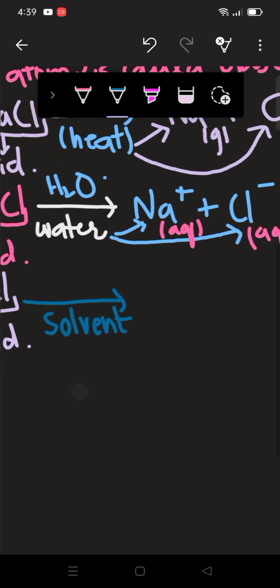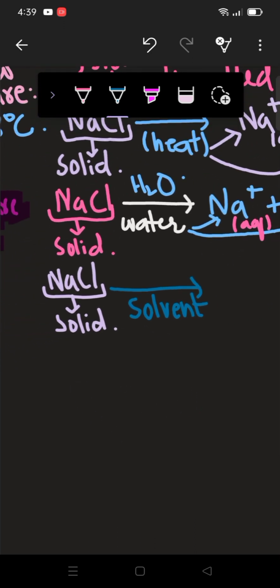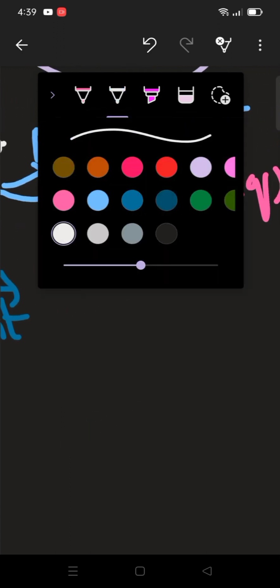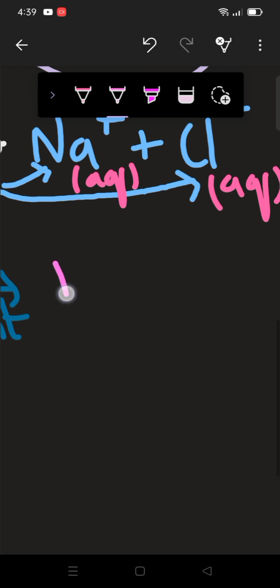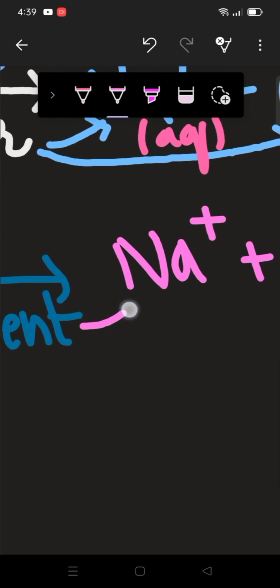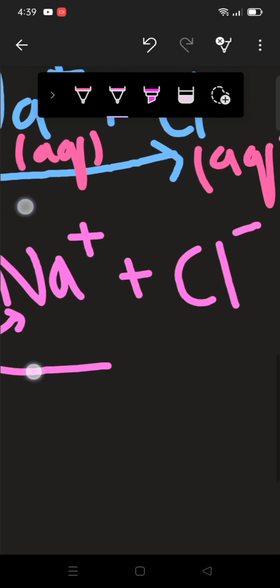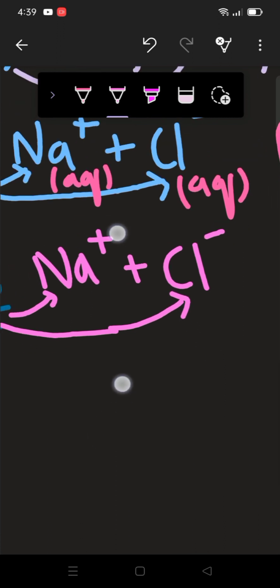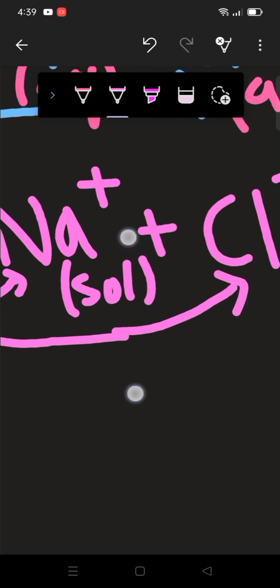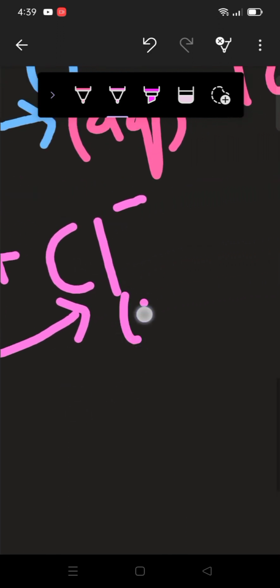So now we have dissolved NaCl into a solvent. So now it will be categorized into Na positive again plus Cl negative. Now what will we write? Because we know that some solvent will be stored in this as well, and some solvent will be stored in the chlorine atom as well. So we will be writing here Sol. Sol means solvent. All right, so we have written here Sol.